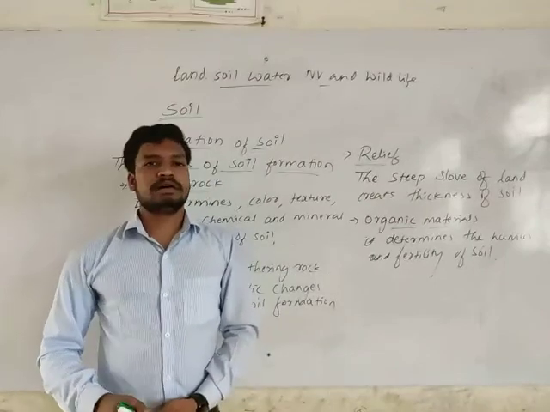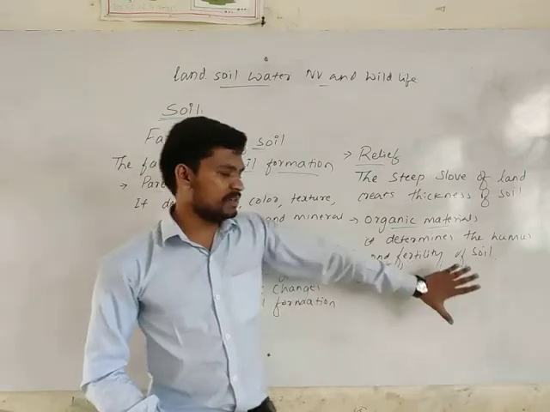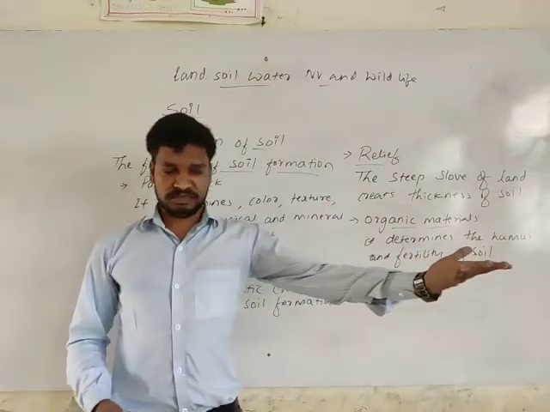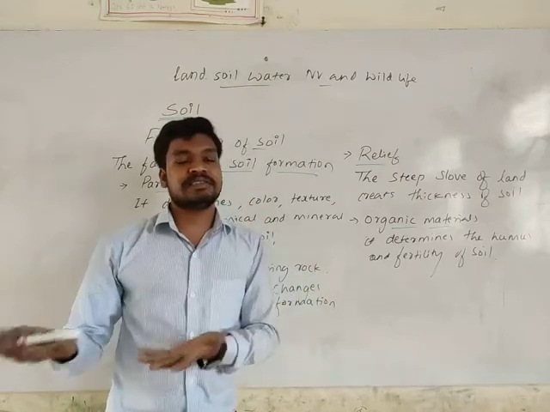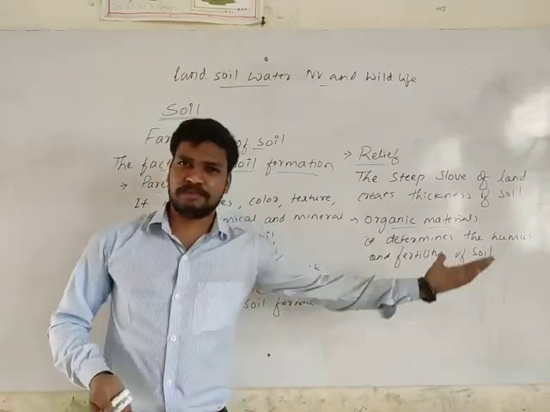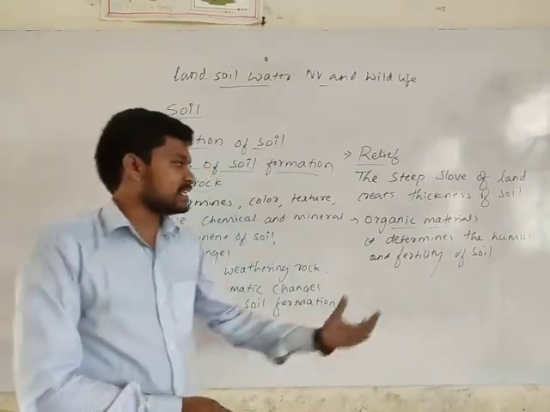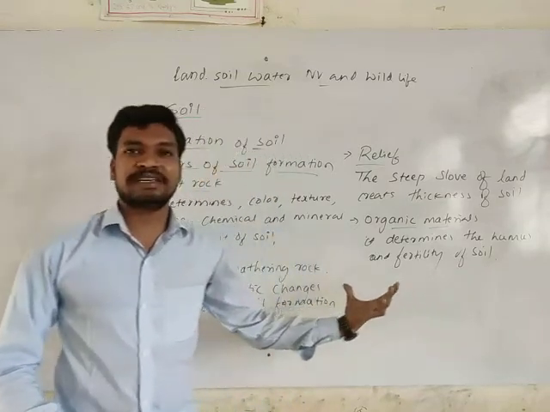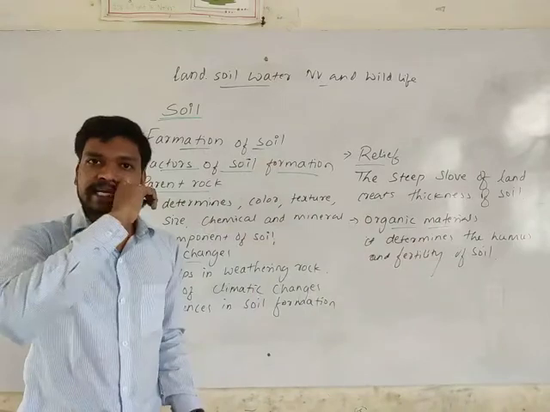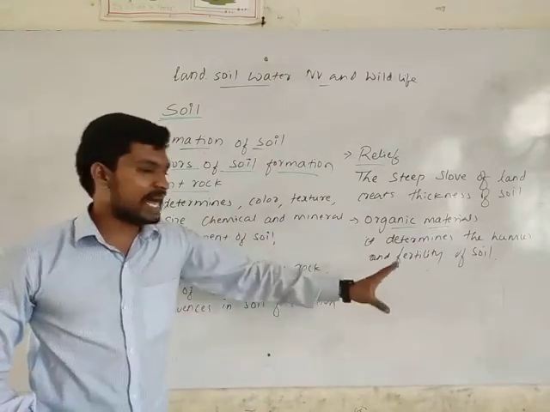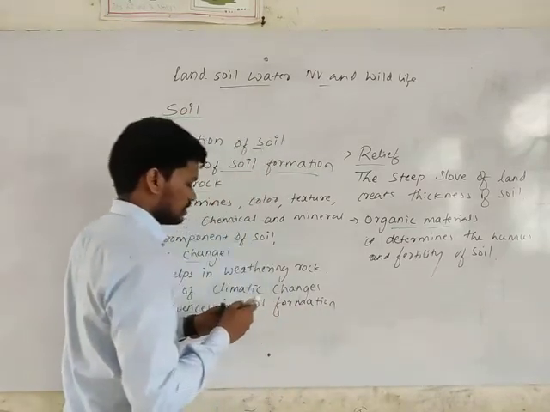We can find high-humus soil in the forest because of the leaves and the fauna. When an animal dies, its body, or plant waste, animal waste, anything, gets mixed with the soil and creates humus and more fertility. So organic materials are another factor, which helps by adding humus and fertility.